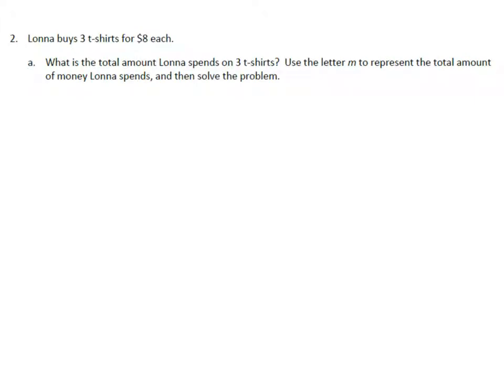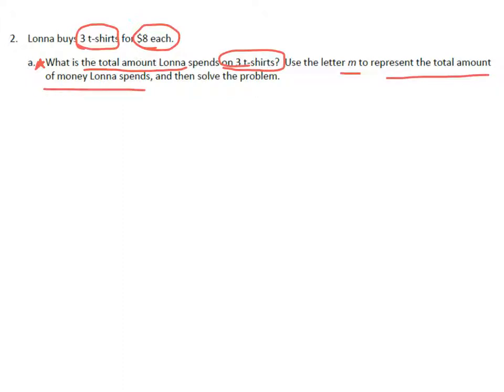Let's take a look at number 2. It says Lana buys 3 t-shirts for $8 each. What is the total amount Lana spends on the 3 t-shirts? Use the letter M to represent the total amount of money Lana spends and then solve the problem.